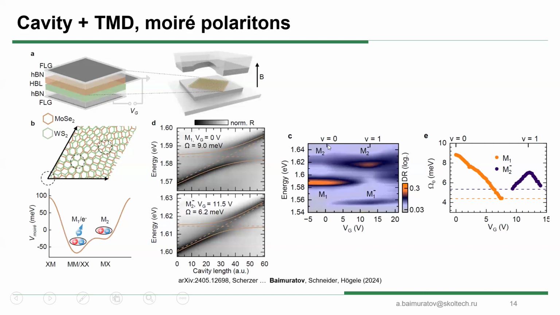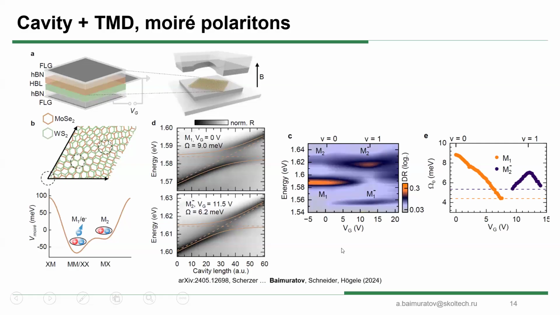And yes, now we also can put this system into the cavity, and we can study different parts of this polariton physics. So you believe that you will get an array of localized states.